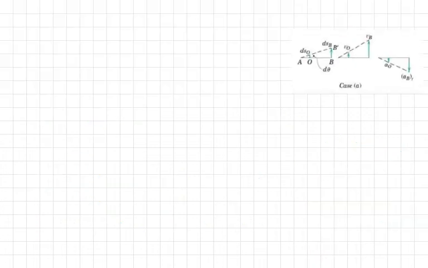Now we can look at the displacement of point O, and we already have the displacement, and we can find the velocity.